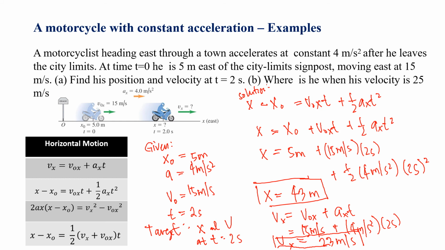So 2 seconds later, at this point here, your motorcyclist is at x equals 43 meters from the signpost and is traveling at velocity of 23 meters per second to the east. Thus, your motorcyclist is continuously speeding up.